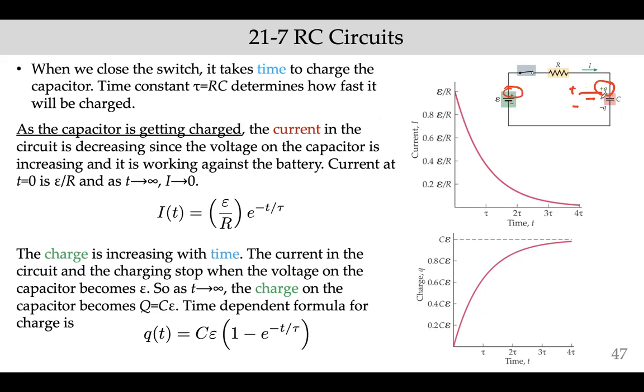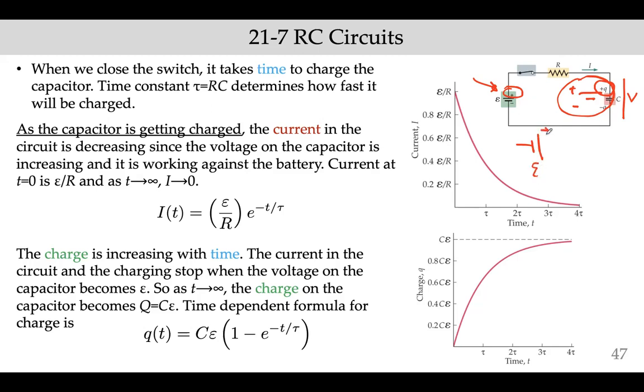But as this capacitor is getting charged, the voltage on the capacitor is increasing. And if you think of the capacitor as a battery, it's connected to this battery, and as it's getting charged, its polarity is against this battery. So if you maybe draw it this way, this is the epsilon.